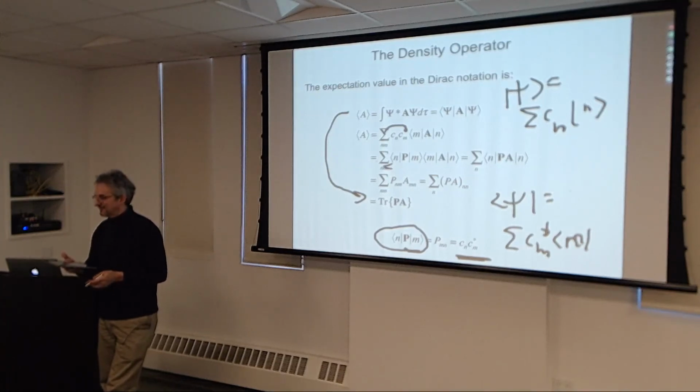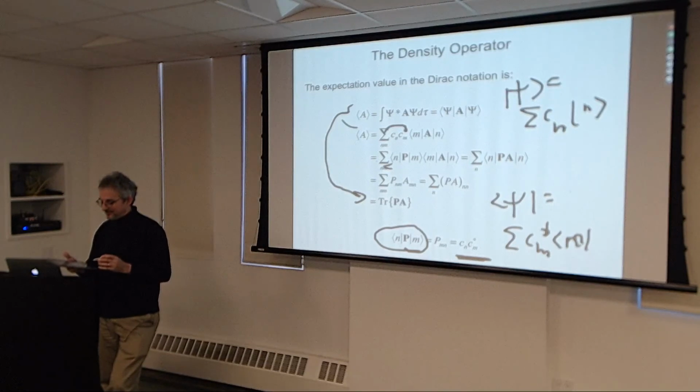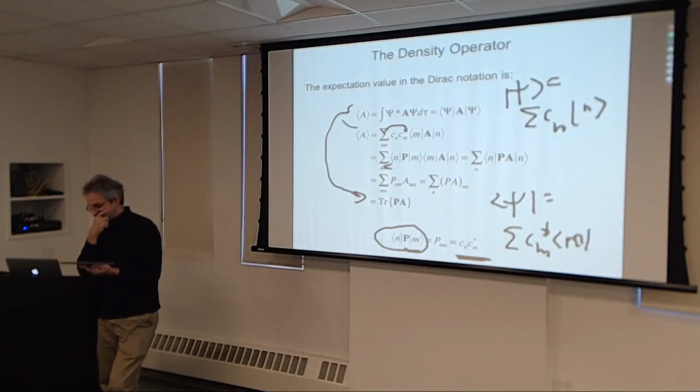So in this particular case, we've invented a symbol P, an operator P, that turns out to be useful because it lets us simplify this calculation of the expectation value down to just being a trace of some product of things. So P is called the projection operator or density operator.